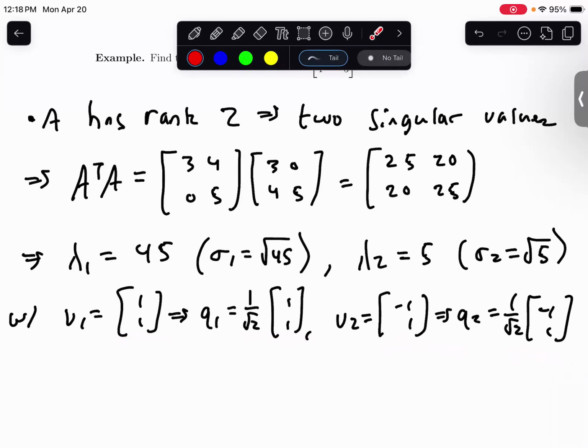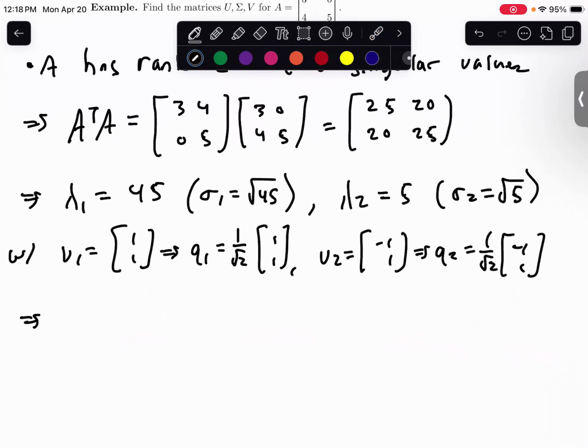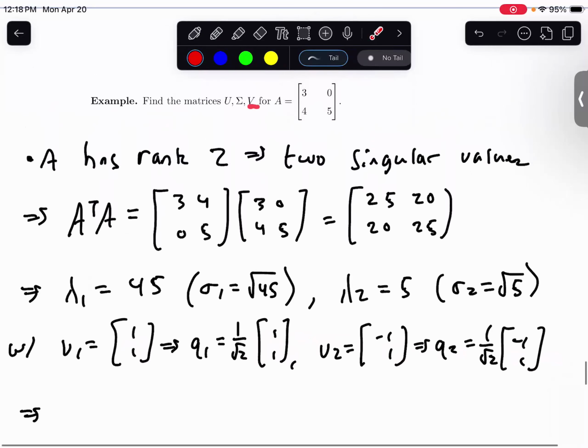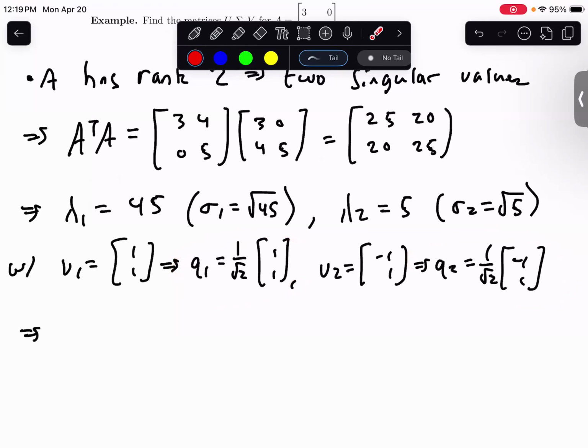They also have distinct eigenvalues, so that works out. And so this tells us what V is going to be. To get the matrix V in the singular value decomposition, you take Q1 and Q2 and make a matrix out of them. So we have V equal to 1 over the square root of 2, and then 1, 1, and then minus 1, 1.